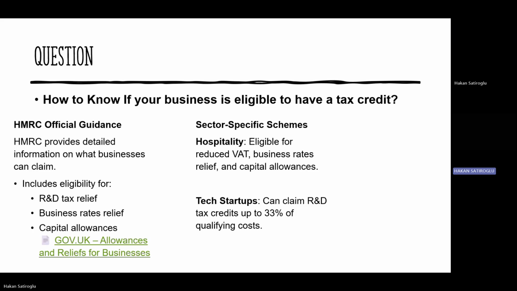Maybe if you are in the service or hospitality industry, building renovations. However, tax relief does not include buying land or buying residential buildings, and you need to check before claiming tax relief, for sure.